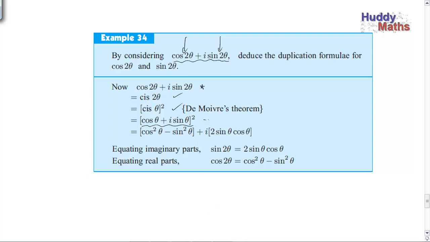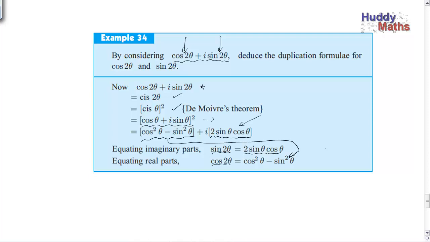And if you expand that and collect real parts, i squared sine squared theta in the expansion of that is minus sine squared theta, so you've got the real part, the imaginary part is 2 sine theta cos theta. Okay, so what can you say? Well, the imaginary part, sine 2 theta, would be 2 sine theta cos theta. There it is there. And the real part, here it is going to be there.